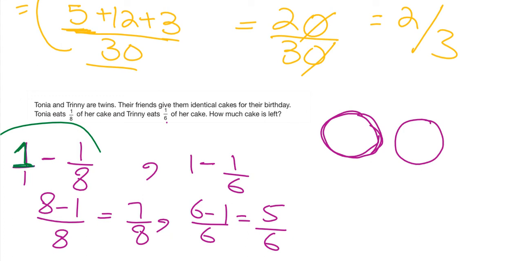One is a whole part, and Tony has eaten 1/8 part, and Trini eats 1/6 part from that whole. Okay, so the left behind part is 7/8 from Tony's cake, and 5/6 is left behind from Trini's cake.